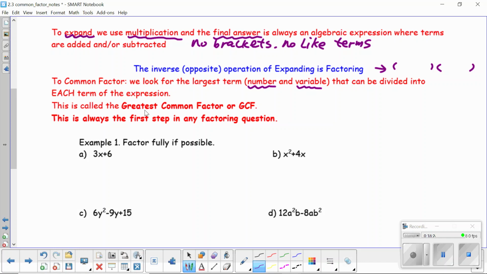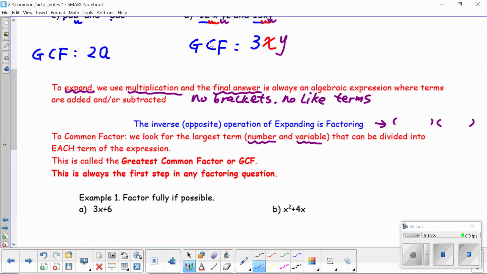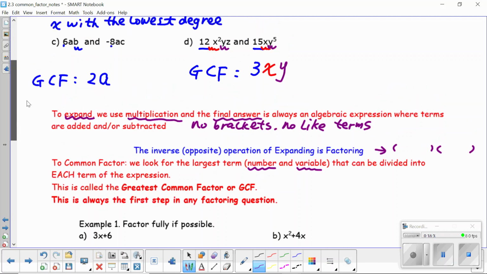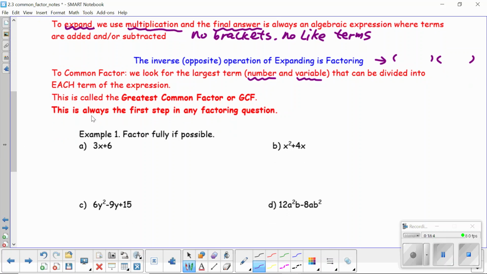This is called the greatest common factor. It's what we just practiced finding. Each term has these factors in it. This is always the first step in any factoring question.